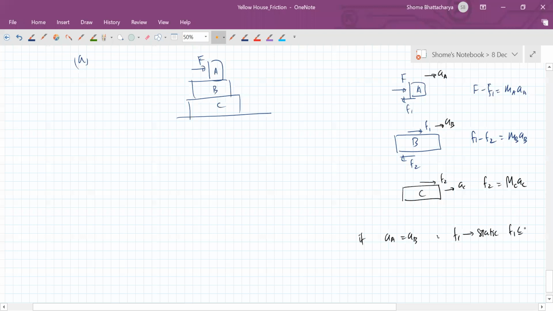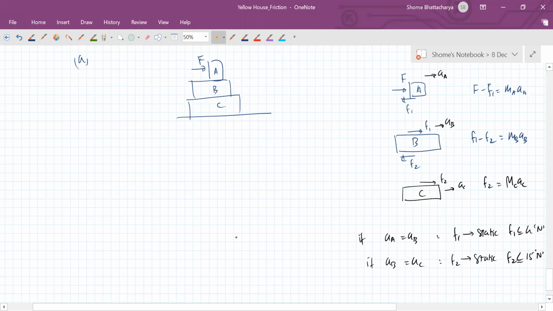If acceleration of A is equal to acceleration of B, then F1 is static friction, so F1 should be less than or equal to that value we had calculated above, 4 newtons. If acceleration of B is equal to acceleration of C, then F2 is also static friction, so F2 should be less than or equal to 15 newtons.